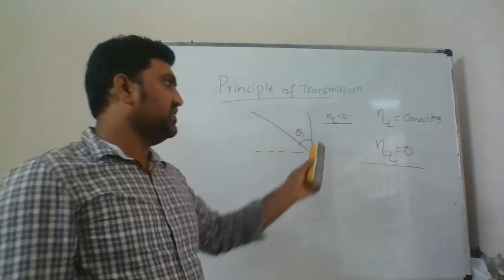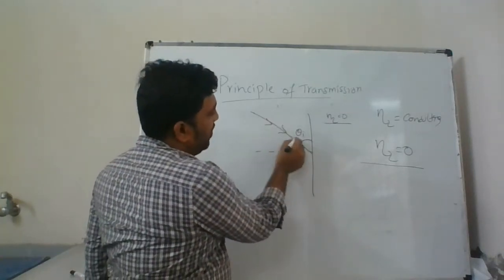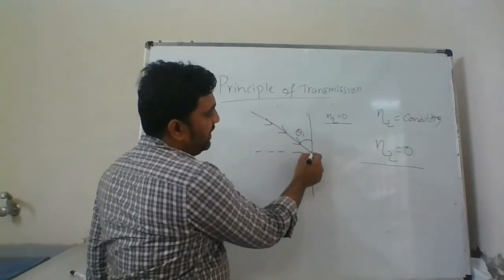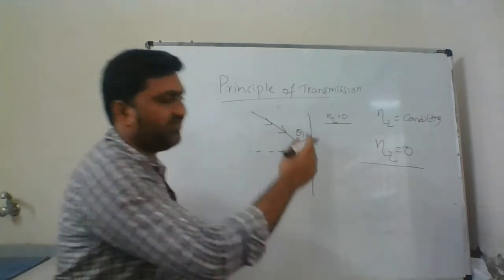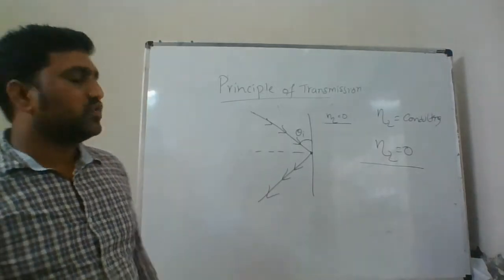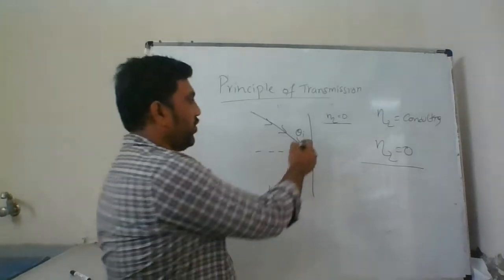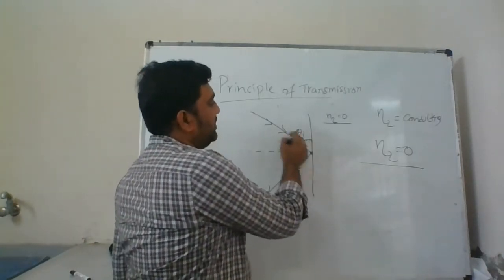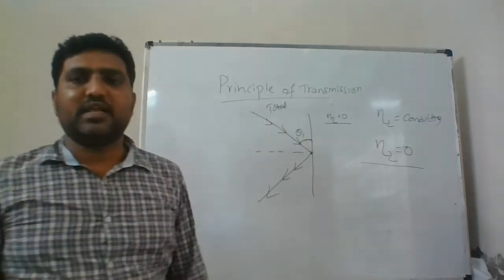Because of this, the entire signal that you launched at the plane of incidence will get reflected back into the original medium itself. If I launch it properly with a proper angle, there is a total reflection at the media boundary.